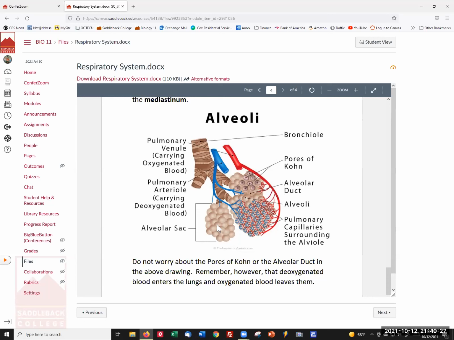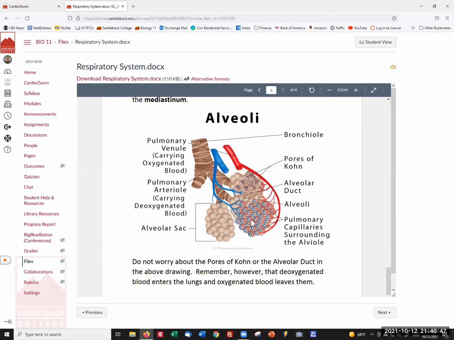And the last thing the oxygen coming in will touch are these bubbles. These are the alveoli, showing up right here, the alveoli. That's where the gas exchange occurs.